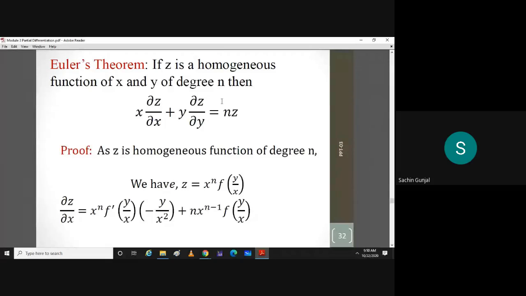Okay, fine. So if I ask you, find x into ∂z/∂x plus y into ∂z/∂y, where z is equal to sine inverse of (x upon y).